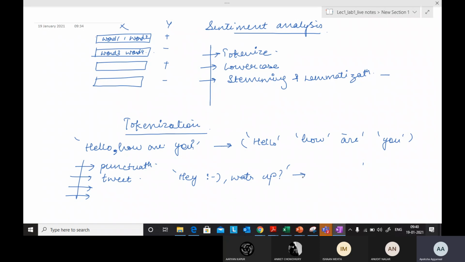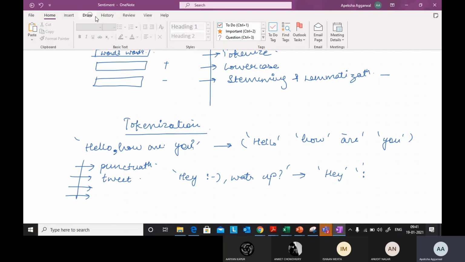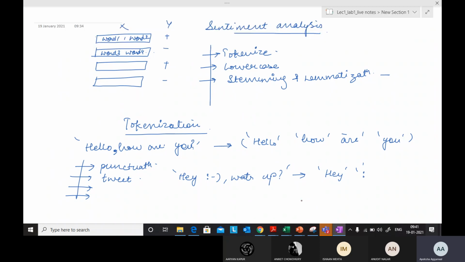The tweet tokenizer will separate this out as hey, then the smiley as another token.